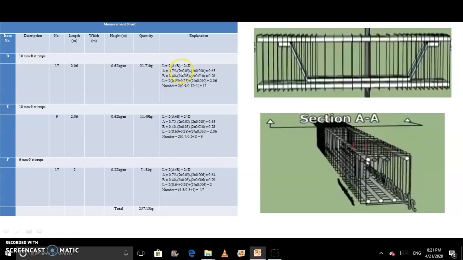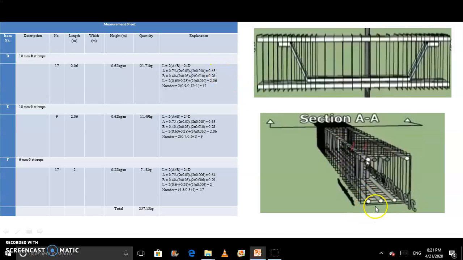So we get 2 into 0.05, and we have to deduct reinforcement also. We have provided stirrups here because we have to calculate total length. So we deduct 2 into 0.010 as reinforcement. So we get the total length as 0.63.